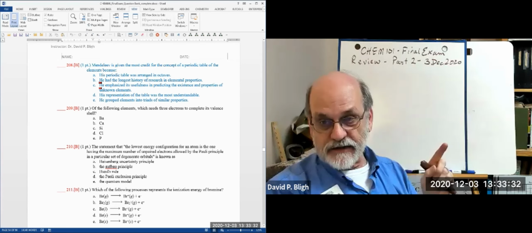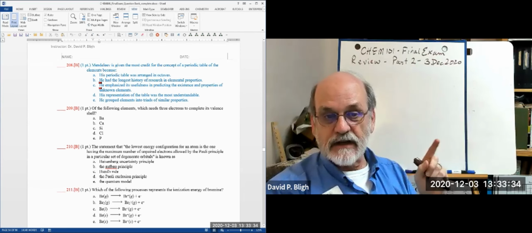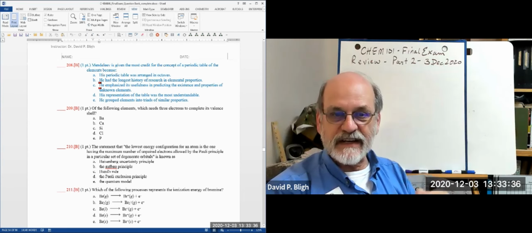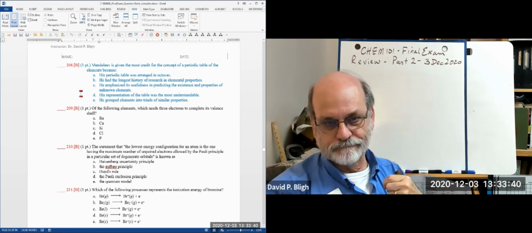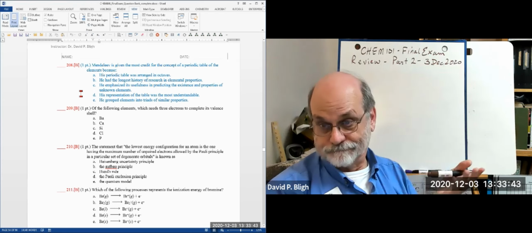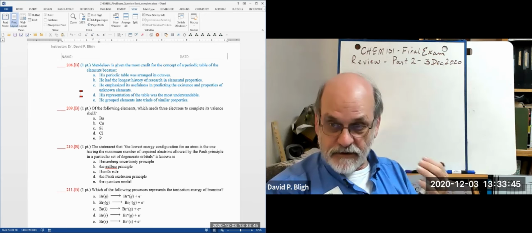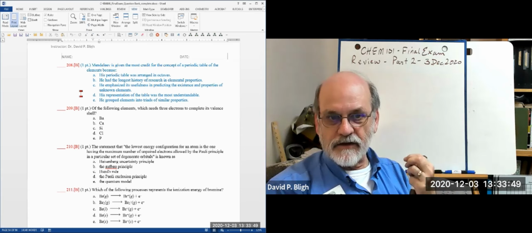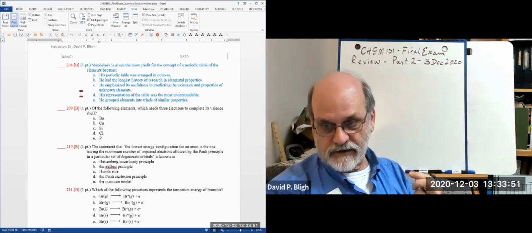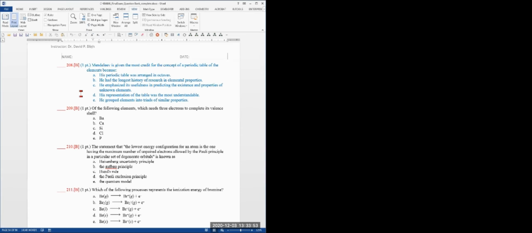He emphasized, C, he emphasized its usefulness in predicting the existence and properties of unknown elements. That's it. The predictive ability of the periodic table is what got Mendeleev recognized as its inventor.